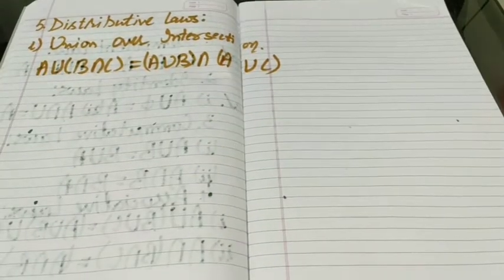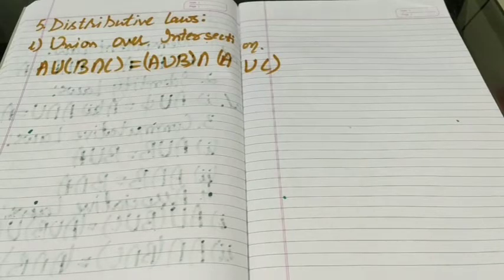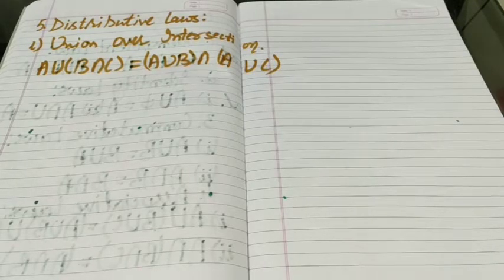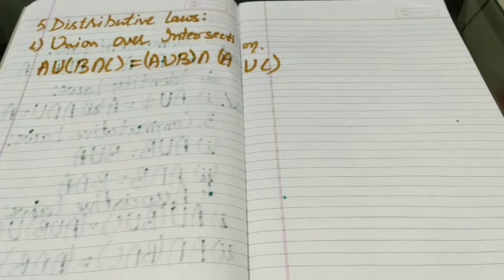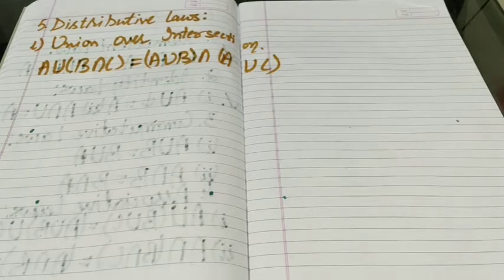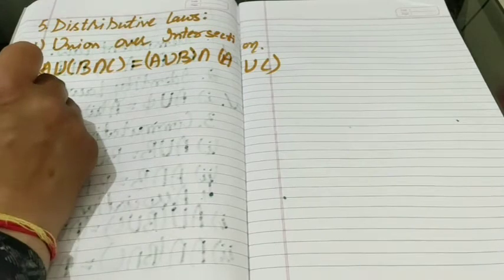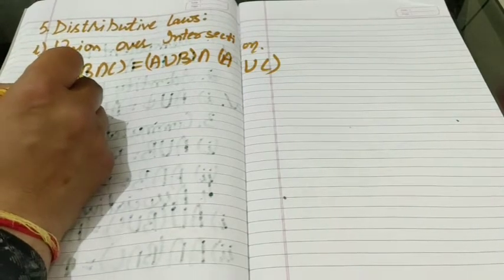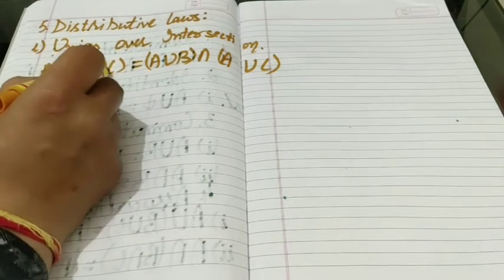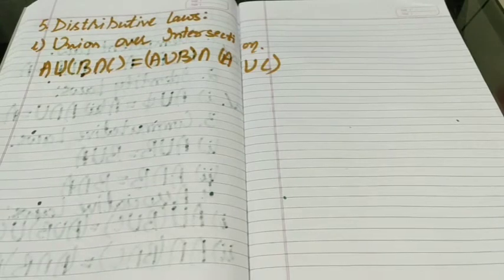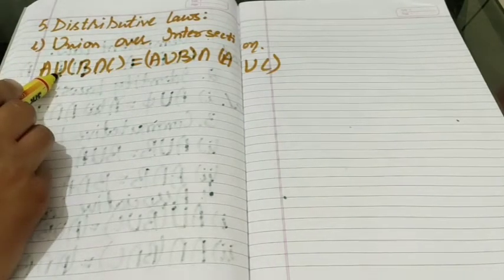It is similar to the distributive property of multiplication over addition and subtraction, which we have done in the previous classes. This is the distributive property of union over intersection.